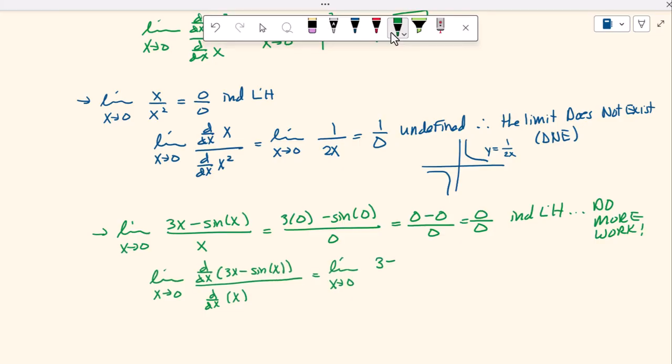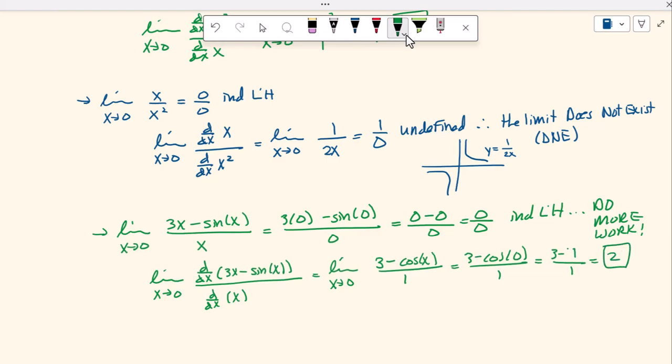The derivative of minus sine x is minus cosine of x. The derivative of x in the bottom is 1. So let's go ahead and take that limit again. This would be 3 minus cosine 0 if we plug directly in. Cosine of 0 is 1. 3 minus 1 is 2. And that is my limit.